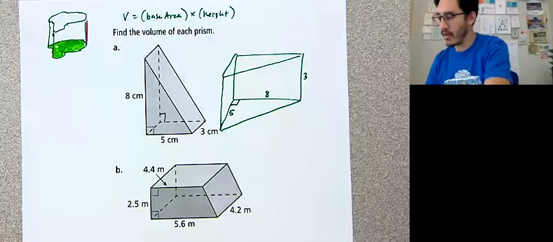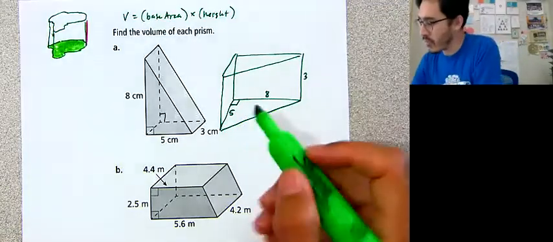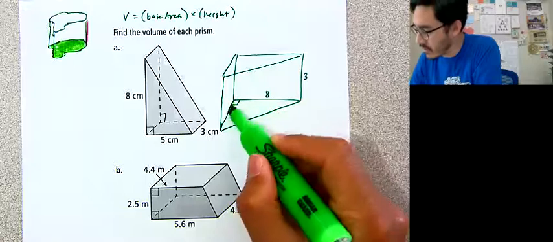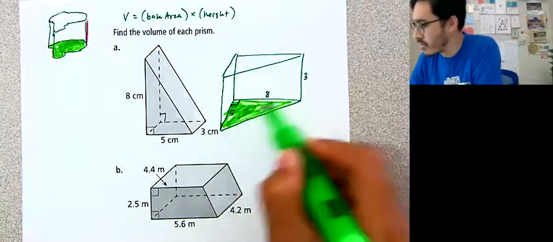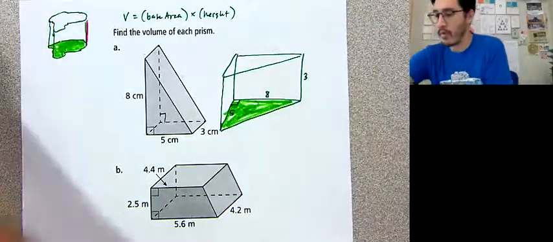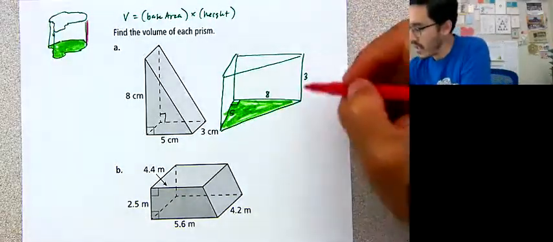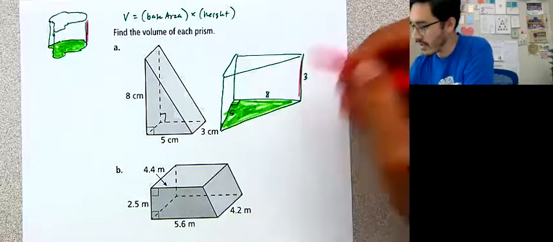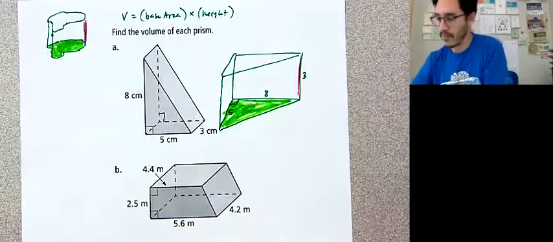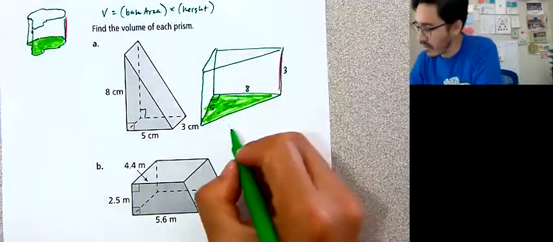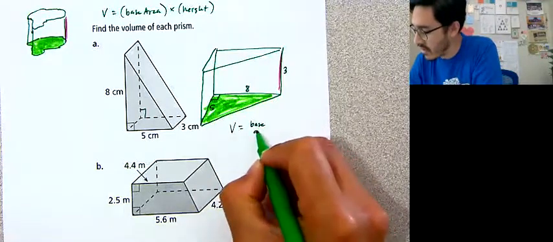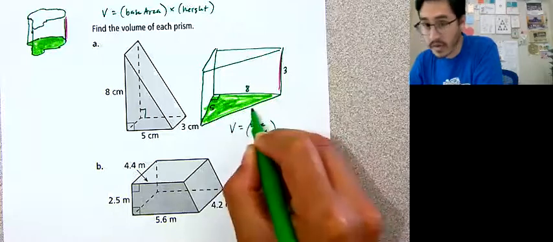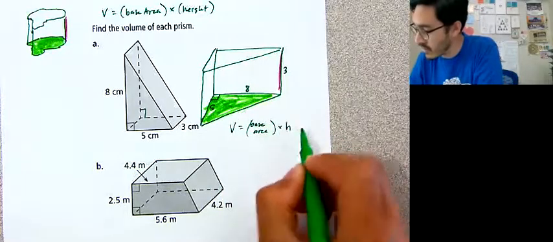All right. So what we want to do is we want to find the area of the base. And because it's a triangle, right, we should all remember what that formula is. And then we'll multiply that by the height. All right, so the volume equals the base area, which I've shaded in green, times the height.